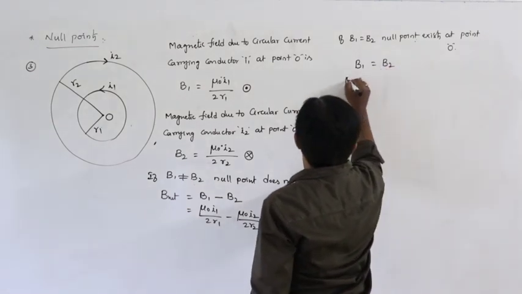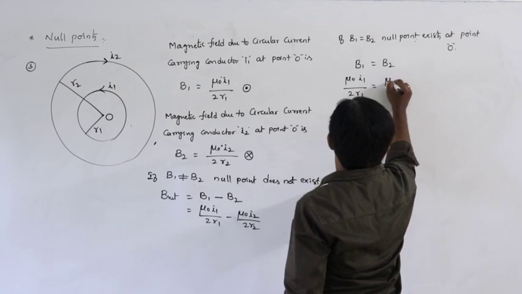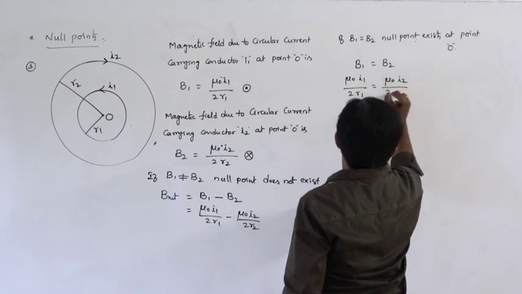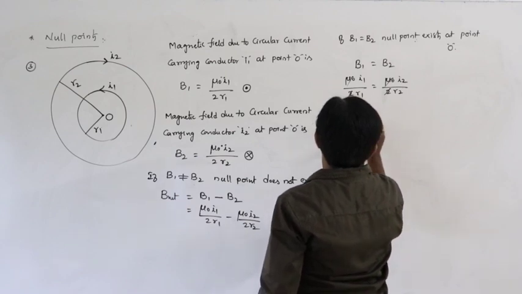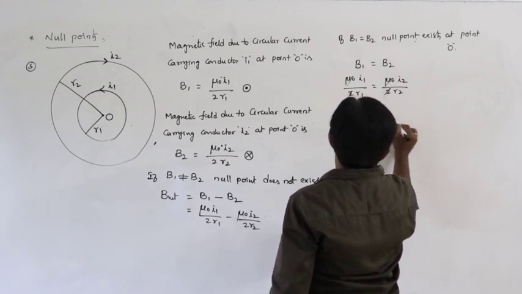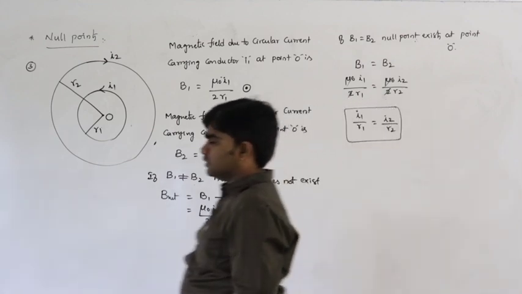That means mu naught I1 by 2R1 is equal to mu naught I2 by 2R2. Mu naught by 2 cancels on both sides. Then I1 by R1 is equal to I2 by R2. This is the condition for the null point here.